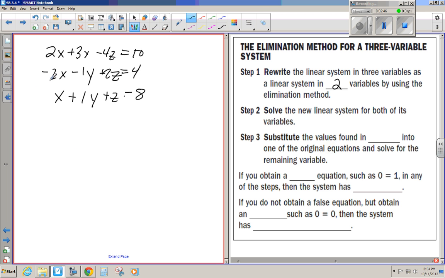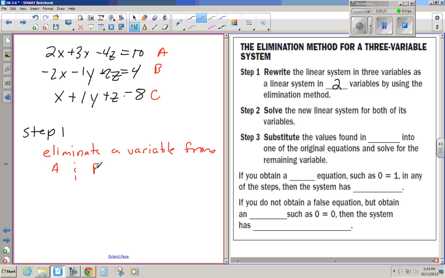So for step 1, this is going to be equation A, B, and C. Step 1 is to eliminate a variable from equation A and B, so from 2 of the equations.